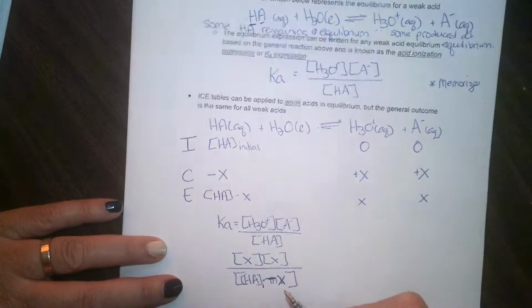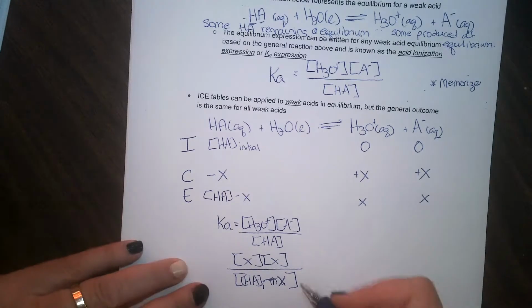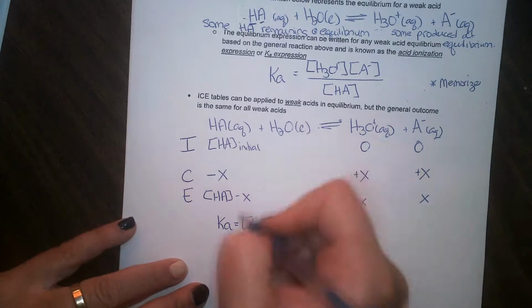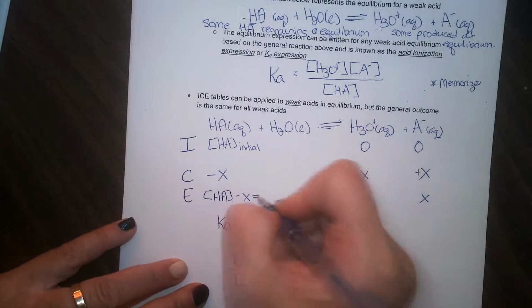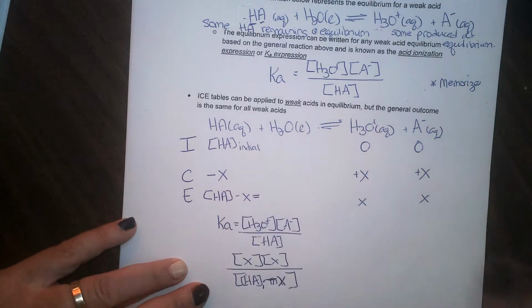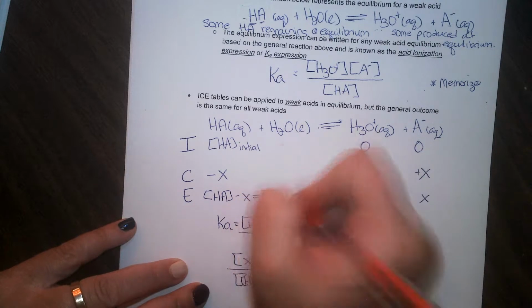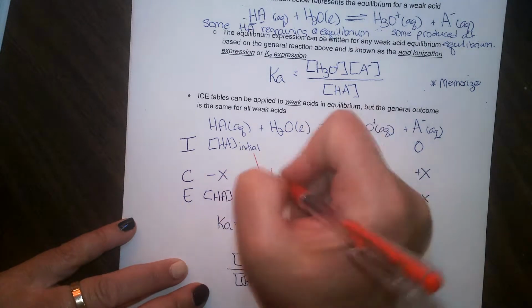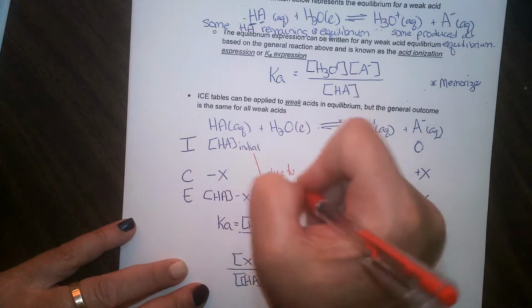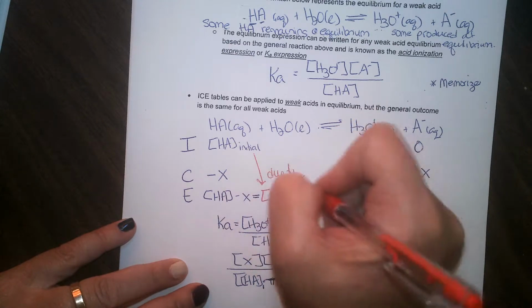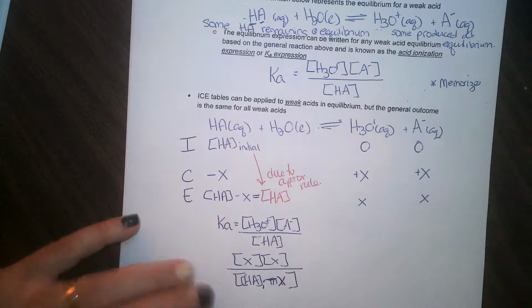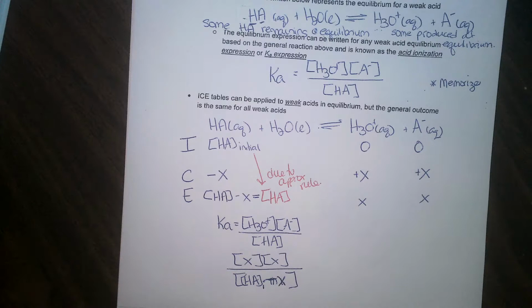If this is a small Ka or Kc value, then this piece here is going to be equal to the original HA value, right?